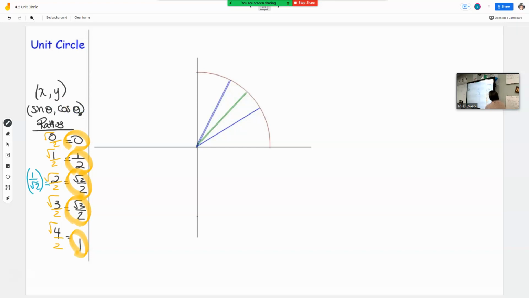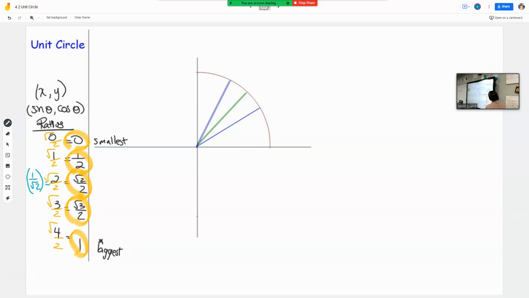But I want you guys not to think so much in terms of geometry and 30s and 45s and 60s, but just in terms of the smaller numbers all the way to the bigger numbers. So ready? We have the smallest to the biggest a ratio can be. The smallest x can be 0, the biggest x can be 1.